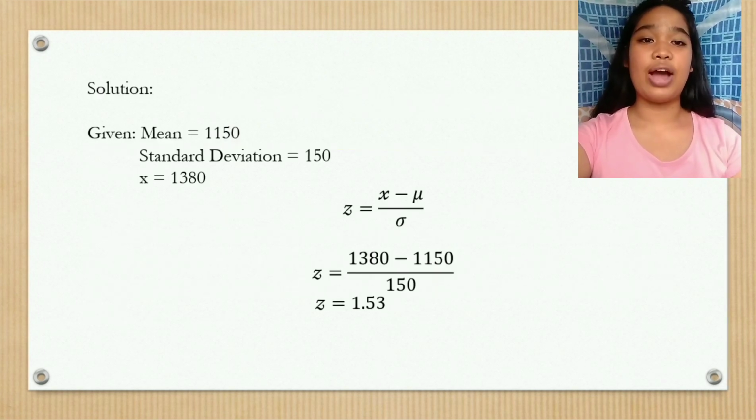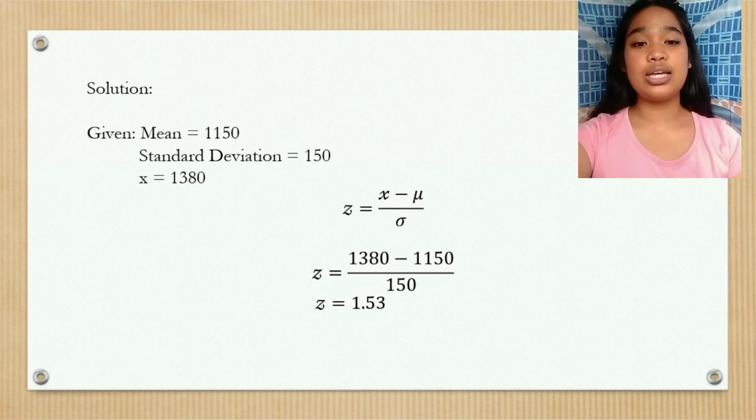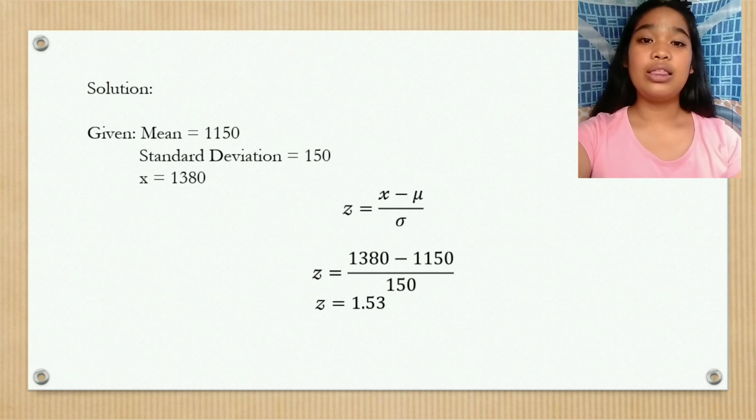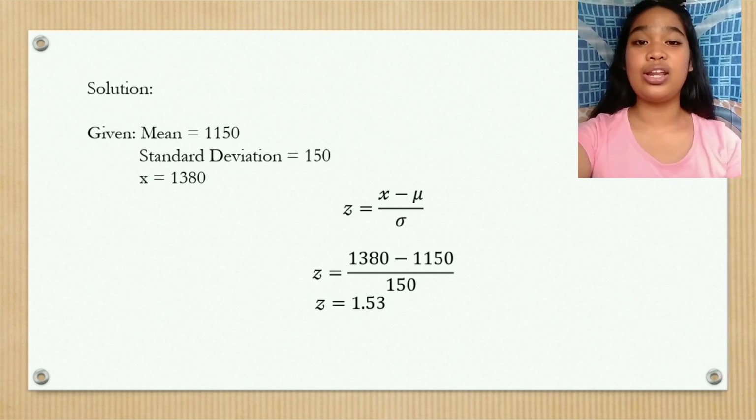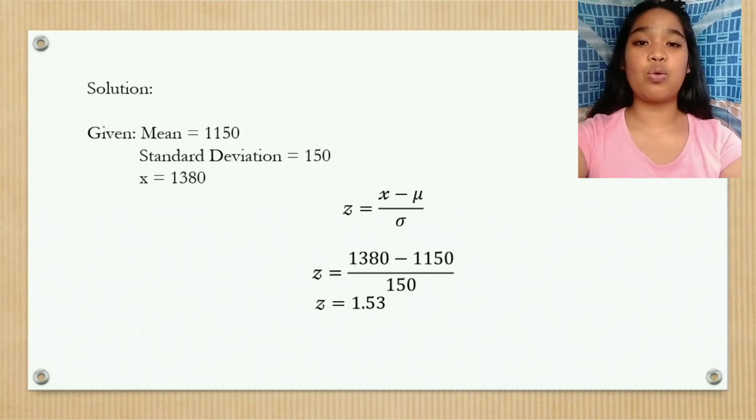First, we need to find the value of z using the formula z equals x minus mu, or the mean, divided by sigma. Then, z equals 1,380 minus 1,150, divided by 150. Then, z equals 1.53.